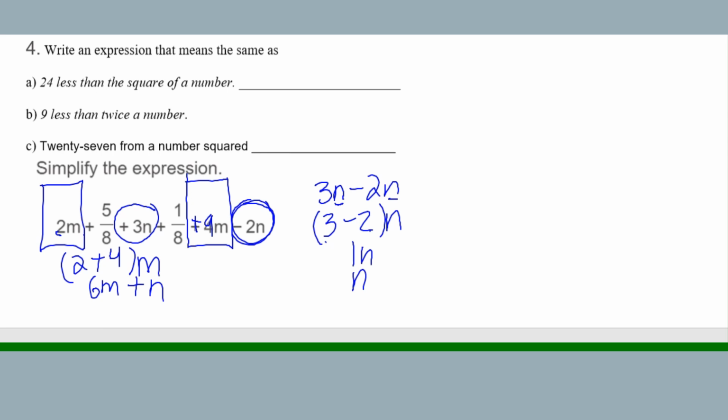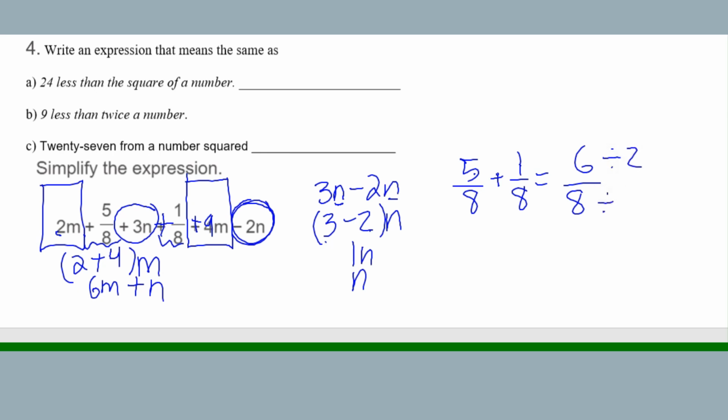And then I'm going to combine my constants, so I'm just going to underline this. So I have 5/8 plus, make sure you take the sign in front of it, plus 1/8. Remember, when you're adding fractions, the denominator stays the same. And then we add 5 plus 1, which is 6, the numerator. And then this can be simplified since I have two even numbers.